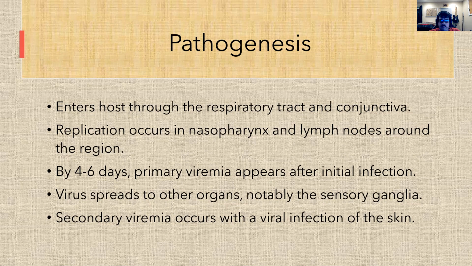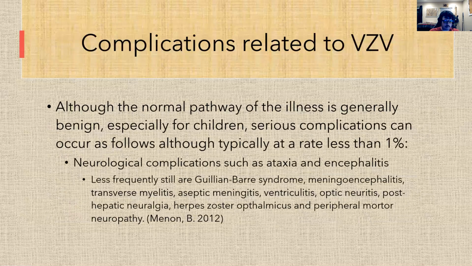And then by 4 to 6 days, primary viremia appears, and we're at a load where really the infection starts to turn, and it's going to start spreading to the rest of the body, notably the sensory root ganglia, and secondary viremia occurs then at this point with that viral infection in the skin that we're seeing. So you can definitely be a little bit more infectious during that primary viremia before you even see any signs of the rash, which is those chickenpox vesicles.